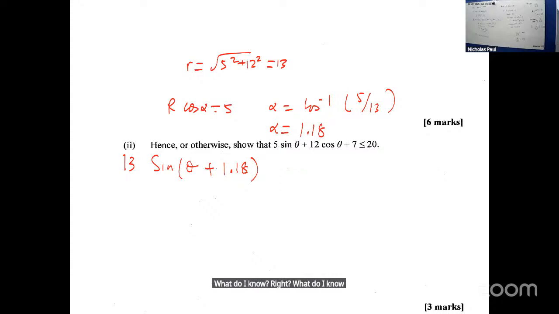I know what 5 sine theta plus 12 cos theta is, and know what that is? Right? So think about how that can help you. They want you to show that when you take that and add 7, it will always be less than or equal to 20.